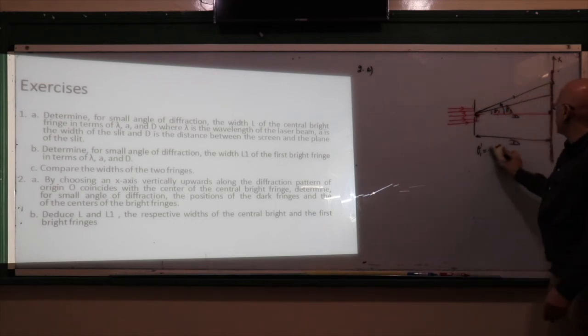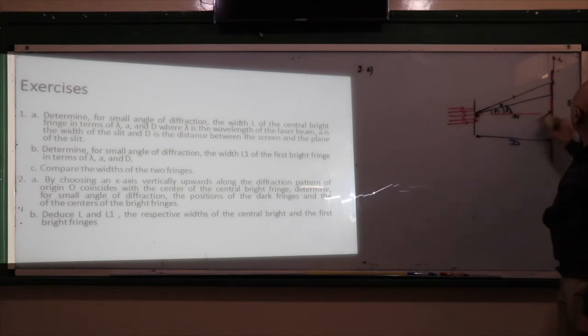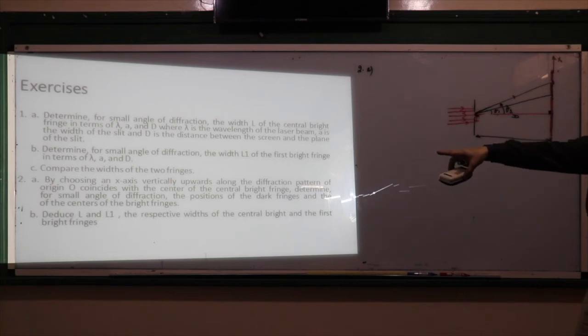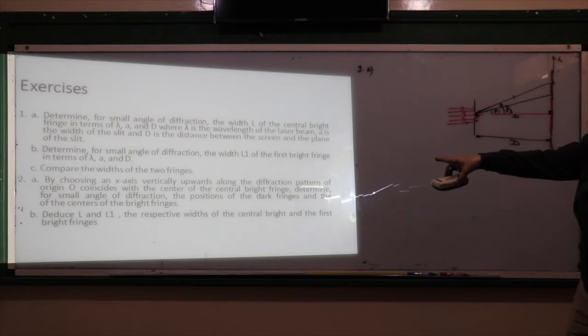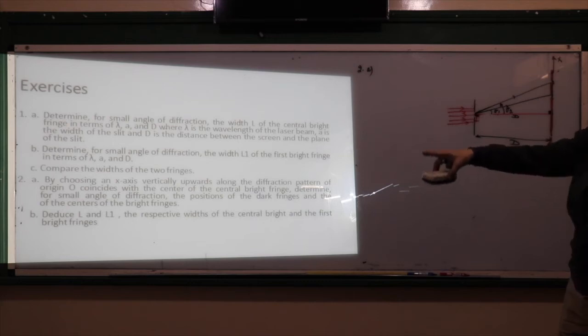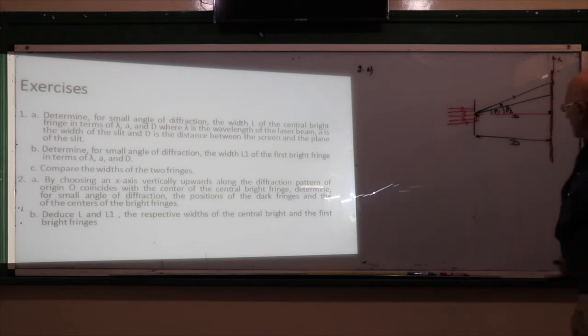He says this is D. He says determine, for a small angle of diffraction, the positions of the dark fringes and the positions of the centers of the bright fringes.